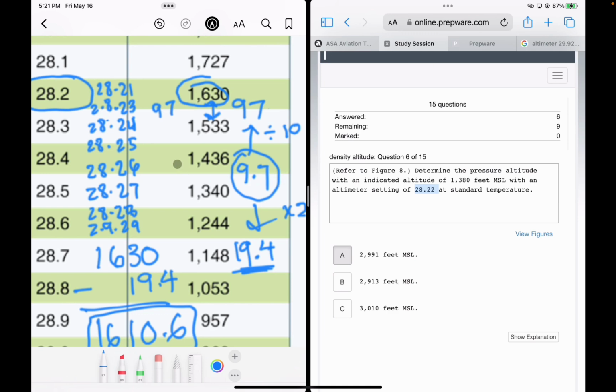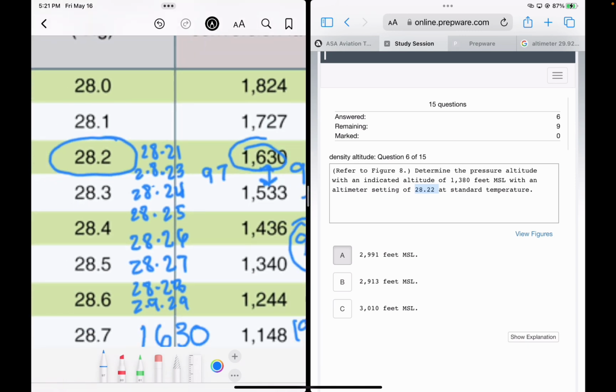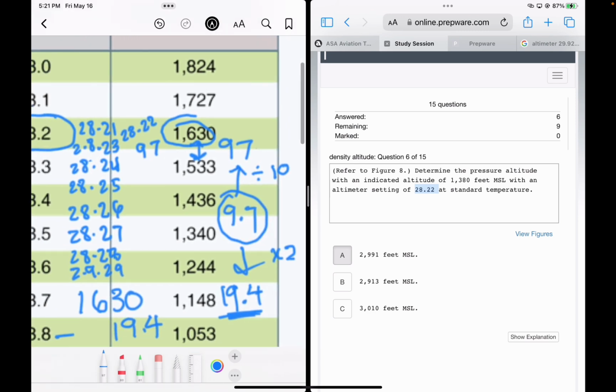So what does that mean? That means, I just realized I skipped the most important number. There. That means we divided it by 10, so each number has 9.7 portions, right?